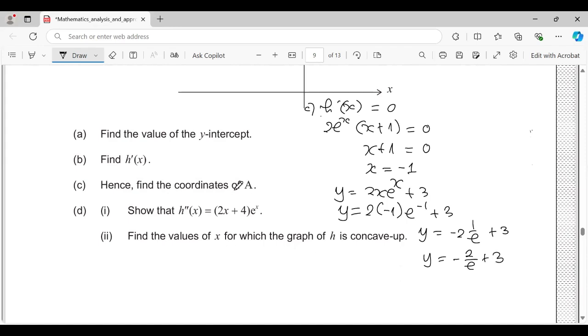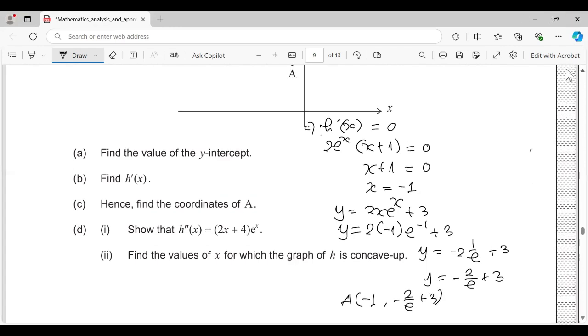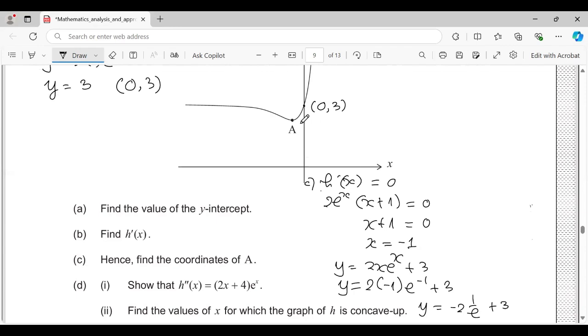So the coordinate point A, the local minimum, is here: A (minus 1, minus 2 over e plus 3). This is the local minimum coordinate point.